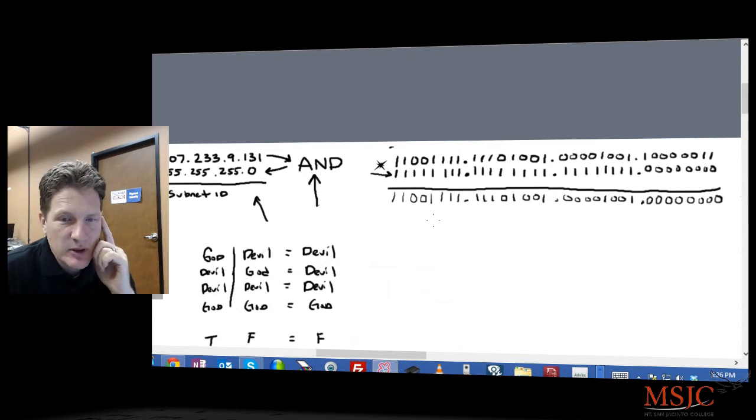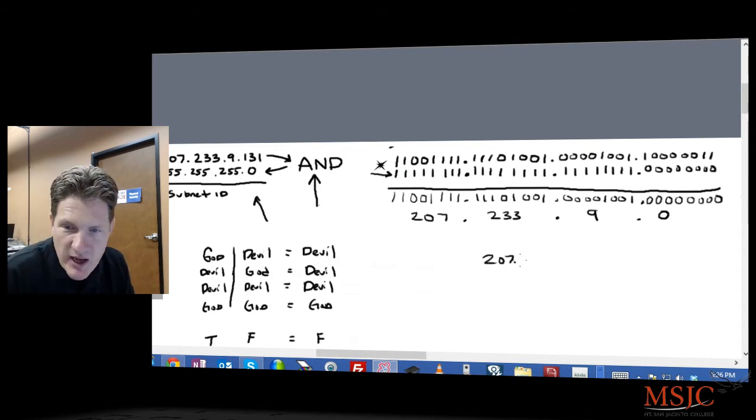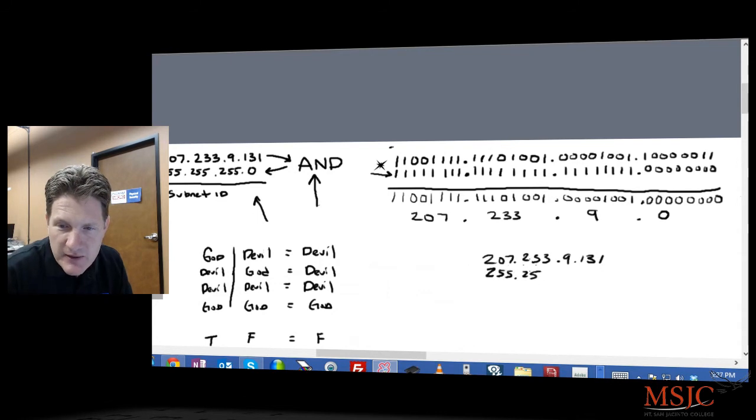Convert this back to decimal. This is 207.233.9.0, right? So 207.233.9.131 when ANDed with this 255.255.255.0 subnet mask, right?